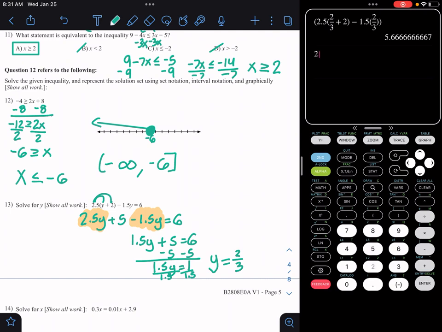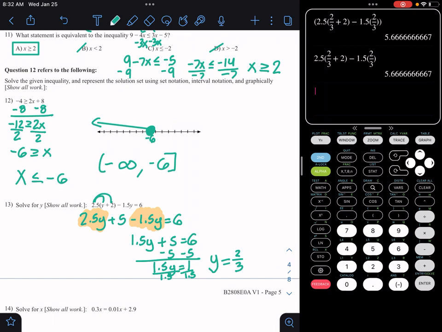Let me try typing it again. 2.5 parentheses, 2 over 3 plus 2 minus 1.5 times 2 over 3. I'm really close, but something went wrong.